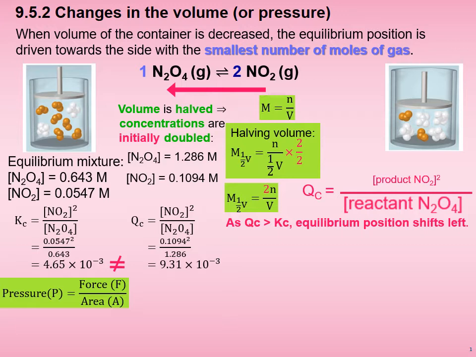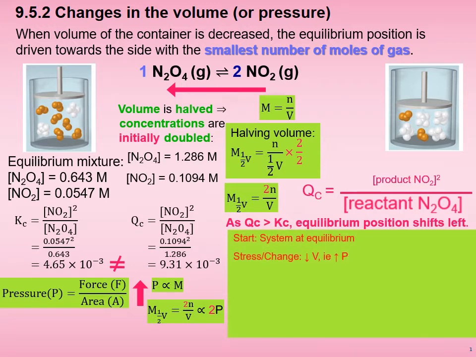So for any particular area of the container, more molecules will knock into it. Force per unit area therefore increases. That is, pressure increases. Pressure is directly proportional to molar concentration too. Thus, halving the volume means doubling concentration, which in turn is proportional to doubling pressure.